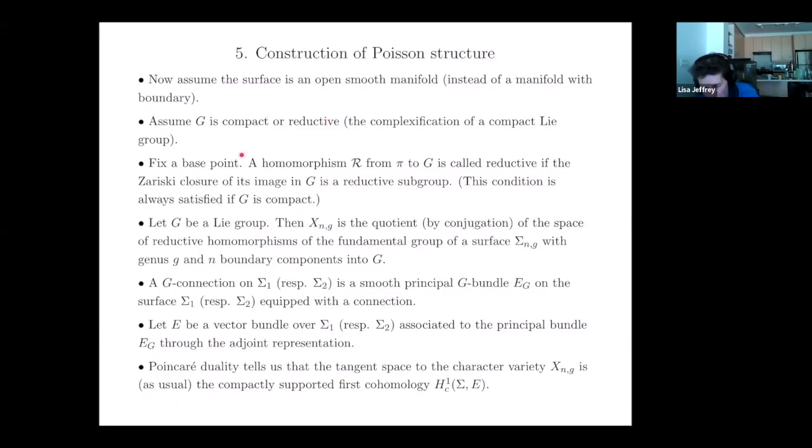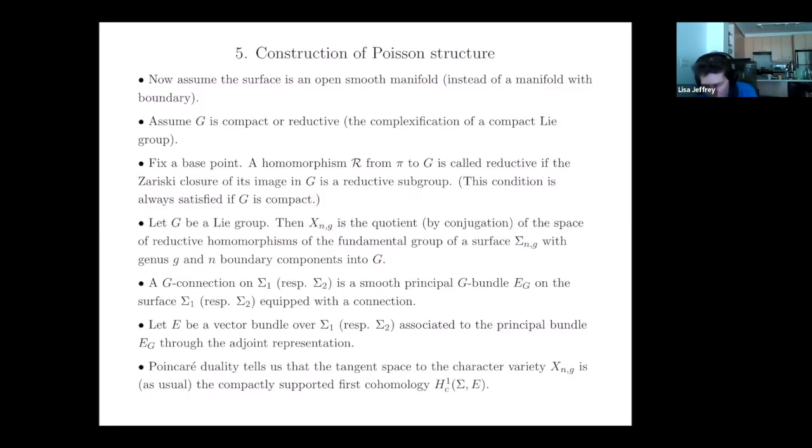We fix a base point, and a homomorphism from the fundamental group of the surface to G is called reductive if the Zariski closure of its image in G is a reductive subgroup. This is always satisfied if the group is actually compact. So let G be a Lie group. Then I'd introduced X of G. This is the quotient up to conjugation of the space of reductive homomorphisms of the fundamental group of a surface of genus g and boundary components into the group.